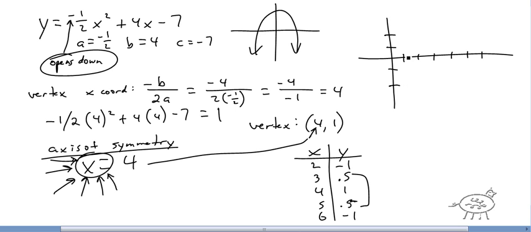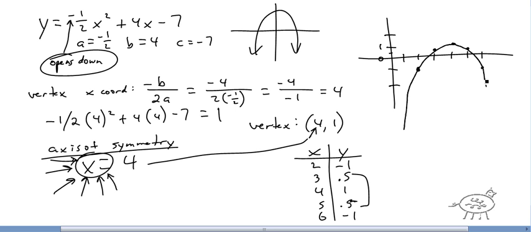So 2, negative 1. 3, 0.5. And 0.5 is just between 1 and 0, right? So 3 is just between, like that little tick mark right there. It's between those two, so we'll just draw it in there. And then 4, 1 is right here. 5, 0.5. And 6, negative 1. All right, and so your graph is going to look like this.